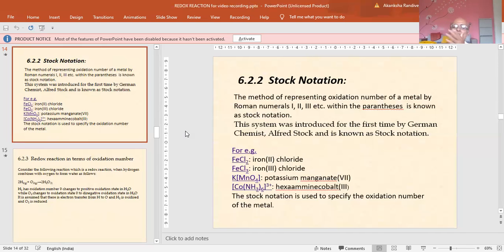For example, in FeCl3, the stock notation for this FeCl3 can be written as, firstly we have to find out the oxidation number of metal. In this compound, FeCl3, iron Fe is a metal and chlorine is a non-metal. So metals have variable oxidation states.